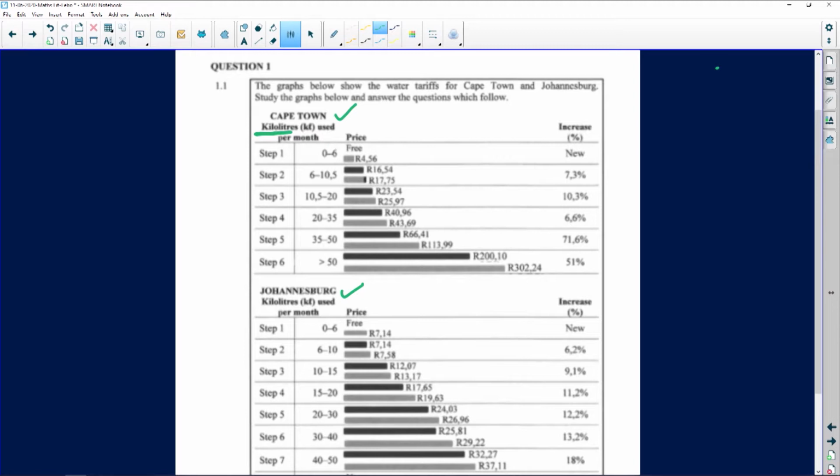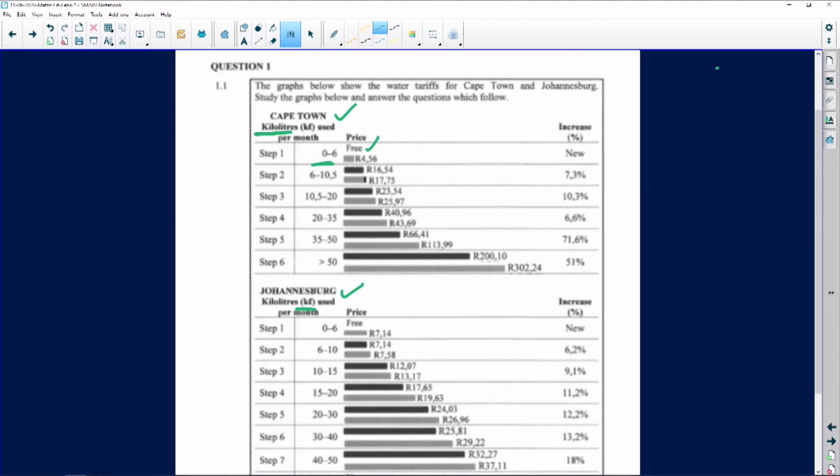So here from 0 to 6, it is free. And then we've got our new one, which is 4 Rand and 56. So we are comparing two things here if you look at it properly. And then we've got the kiloliters happening again there, kiloliters per month.